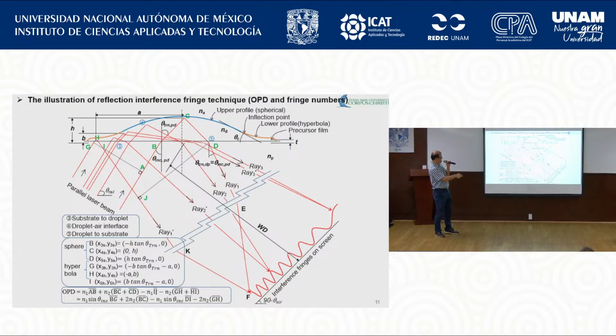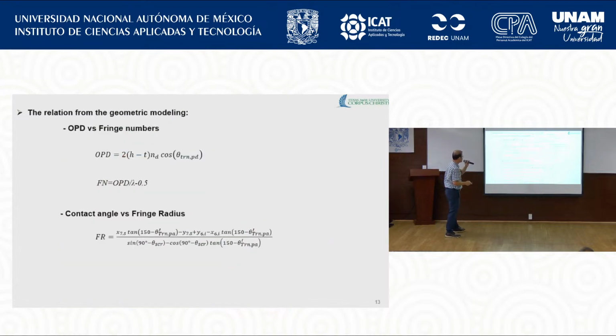However, if you use a simple configuration like reflection interference or transmission interference, we can characterize regardless of droplet sizes.